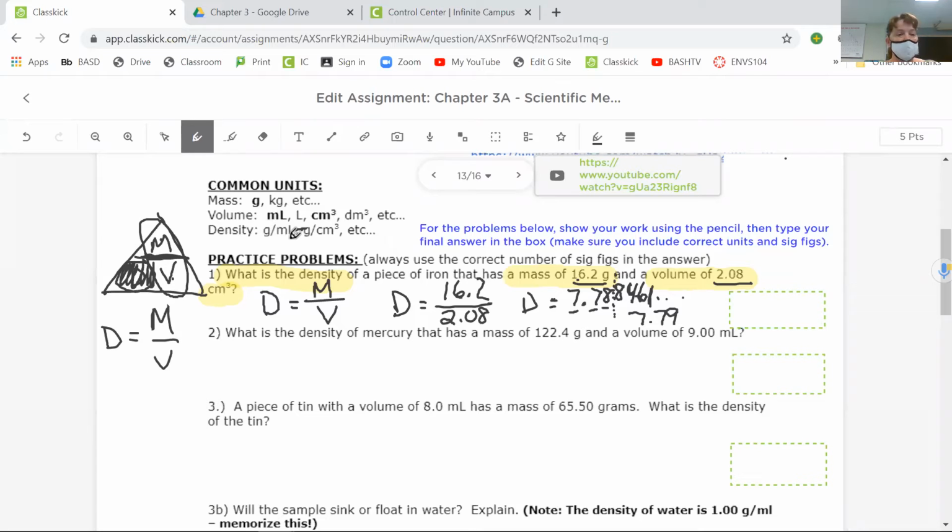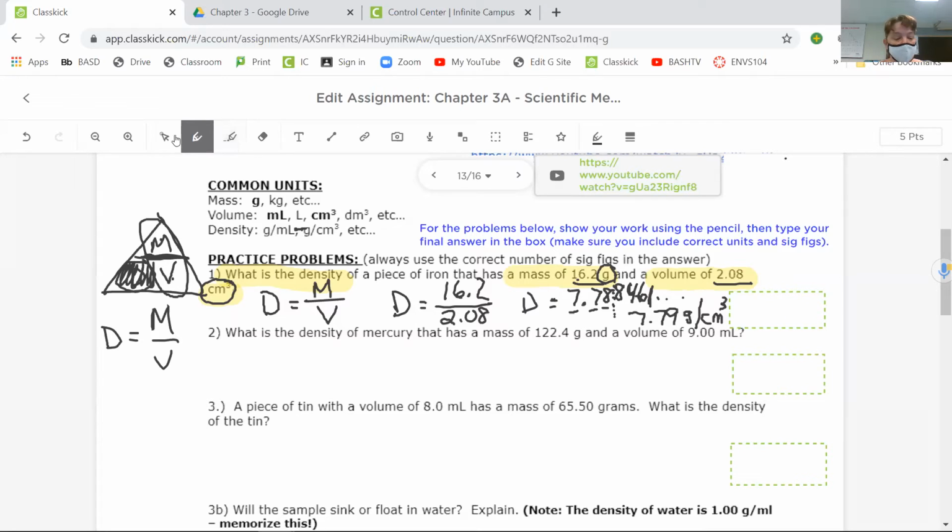We need to use the units that we used in our problem. So in this case, our mass unit was grams. So that's going to be the top part of our density unit, divided by our volume unit, which in this case was centimeters cubed. So your final answer is 7.79 grams per centimeter cubed.